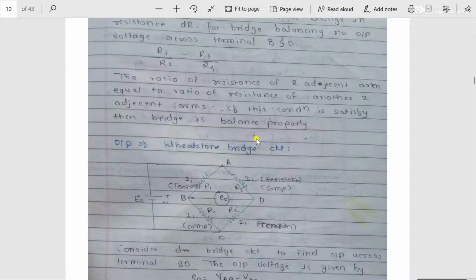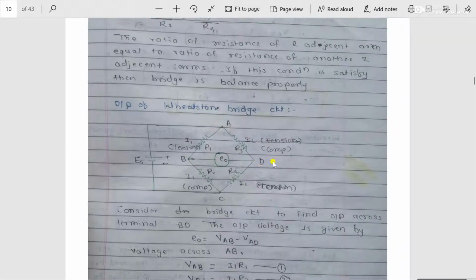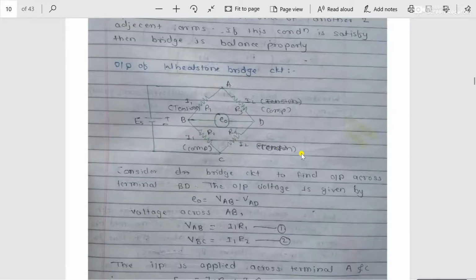But before using this Wheatstone bridge circuit in strain gauge applications, we have to derive a small derivation for the Wheatstone bridge circuit, and in that derivation we are going to find out the formula of E0, and that E0 represents the output across the terminal B and D. That means if input is given across the terminal A and C, then what is the output across the terminal B and D, and that formula I have to derive.